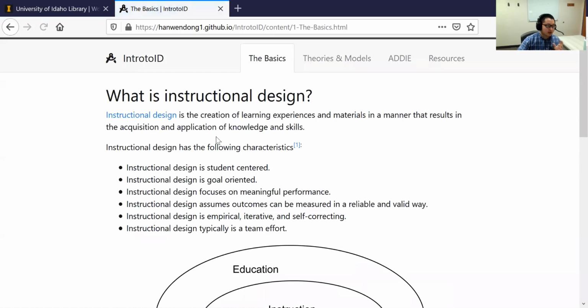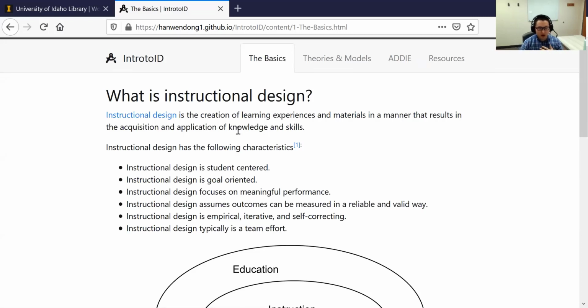So first, what is instructional design? To put it in the simplest terms, instructional design is about designing instruction, designing learning experiences and materials. That can be lectures, class activities, tests, papers, anything that can help learners acquire new knowledge and skills.